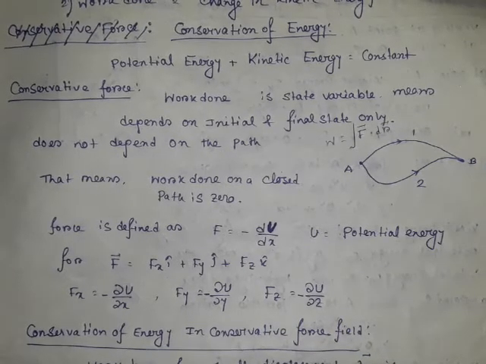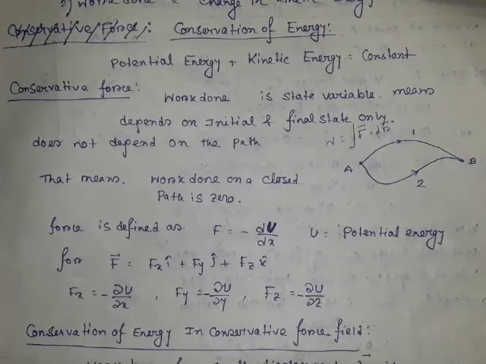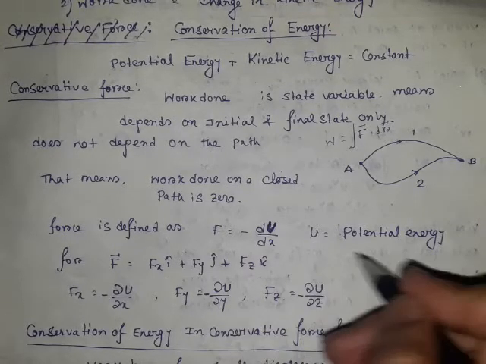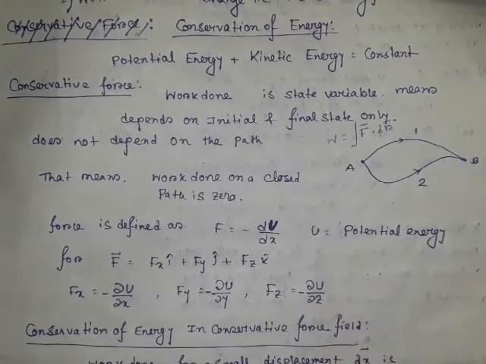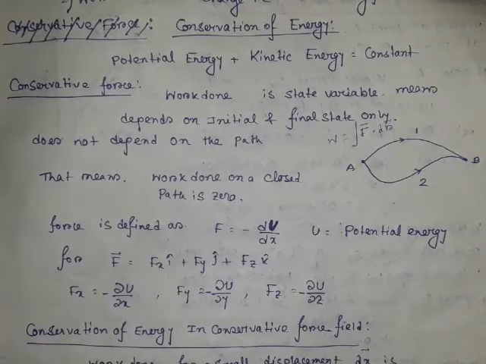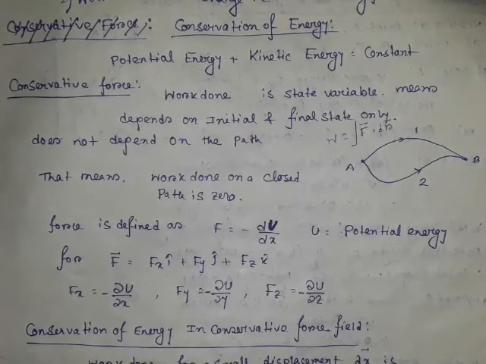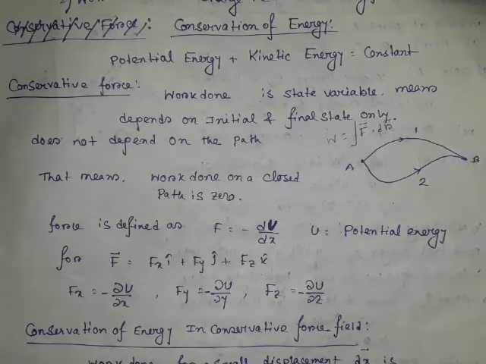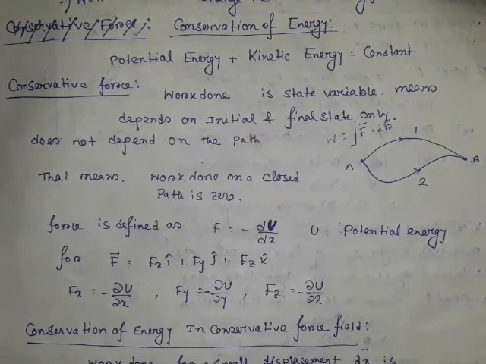Partial derivative is a kind of differentiation where x, y and z can be connected to each other. That means x can be a function of y, or a function of z. The reason is that it completely depends on the path of the object, in which path it is moving. If the object has some displacement in the y direction, it may also have some displacement in the x direction.